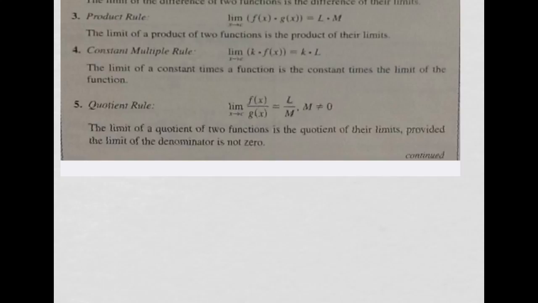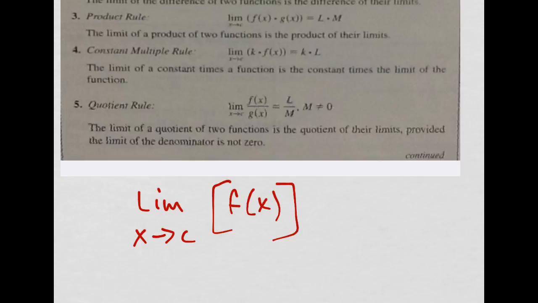Even with powers. I'm going to just write this one down. Limit as x approaches c of f of x, and if there's some rational exponent on this, you can write it as a fraction. So nothing irrational, like square root of 2 or something.